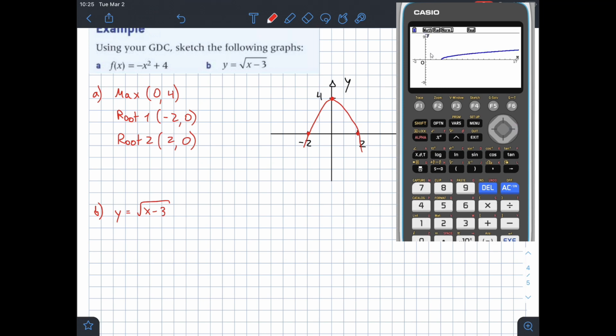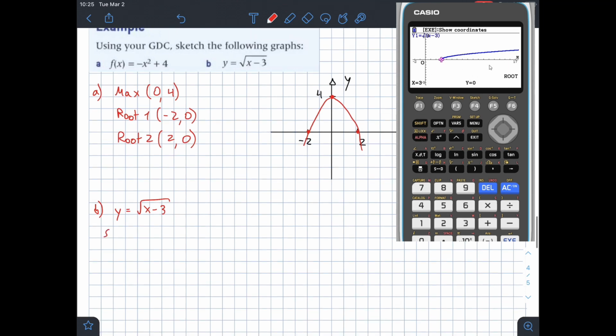You see that it begins at the point 0, 3, right? No, not 0, 3, 3, 0, sorry. We can find that. We go to Shift G solve, and again root to find this point over here. You see, 3, 0, right?